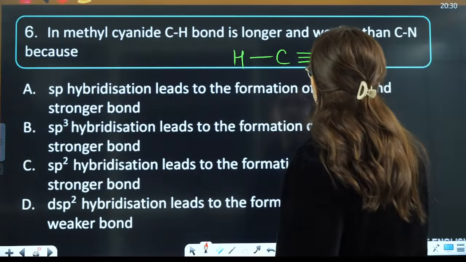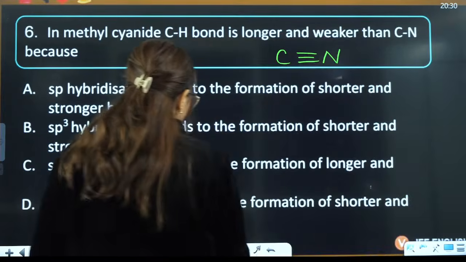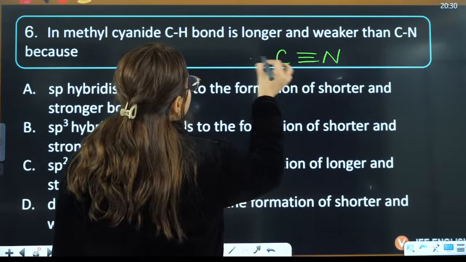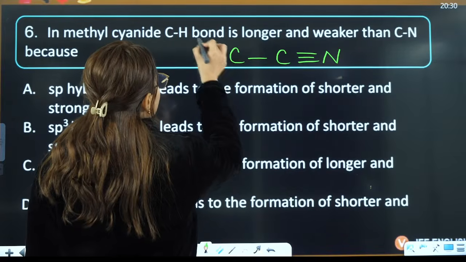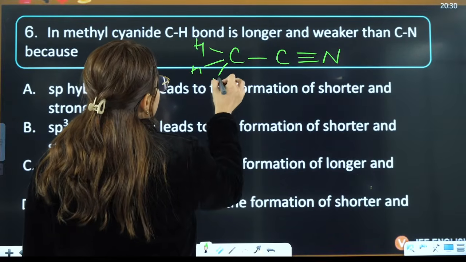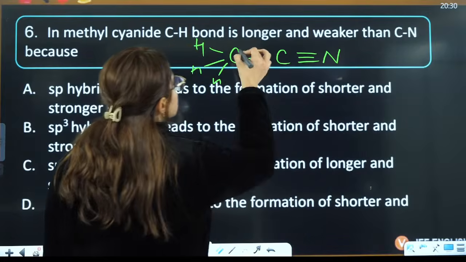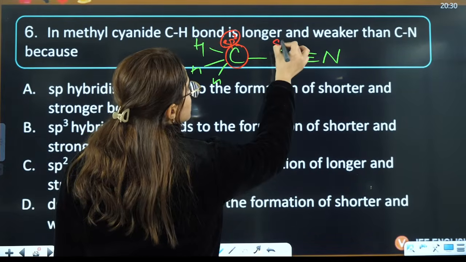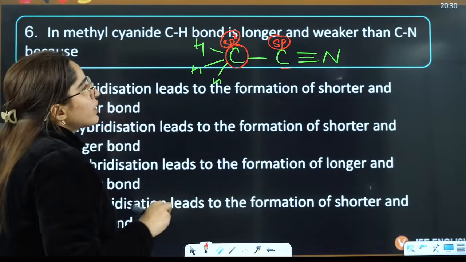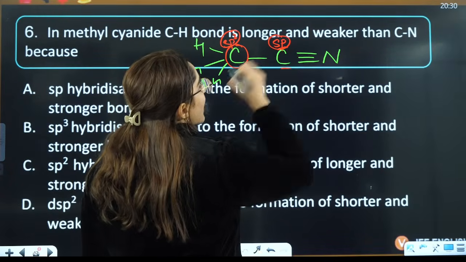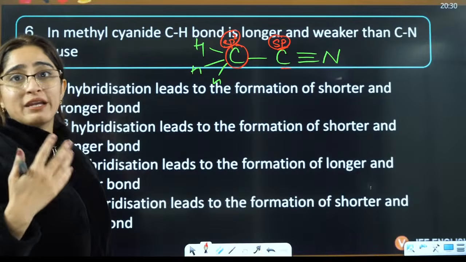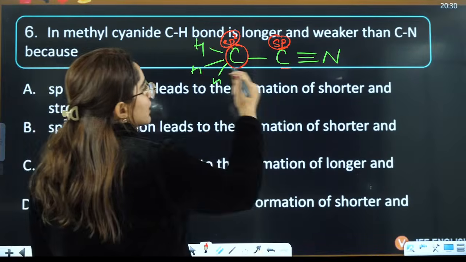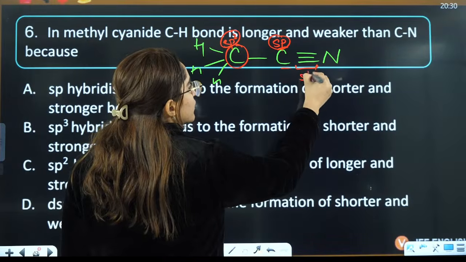Now, if I see this bond here, in this case, this carbon is sp3, this is sp hybridized. So we know that because it is sp hybridized, it has more electronegativity. This has less electronegativity. This bond is shorter.